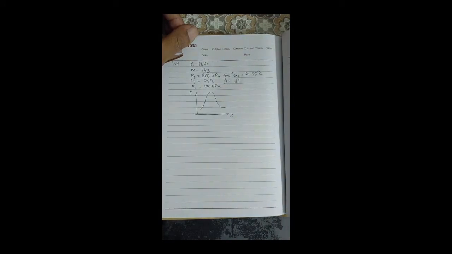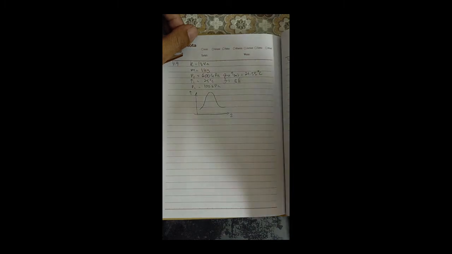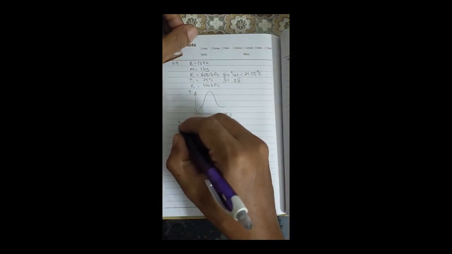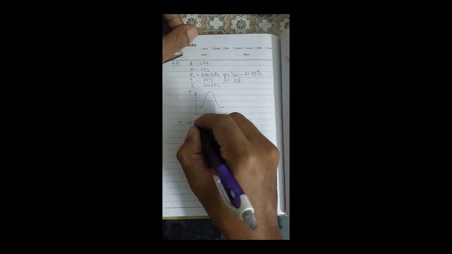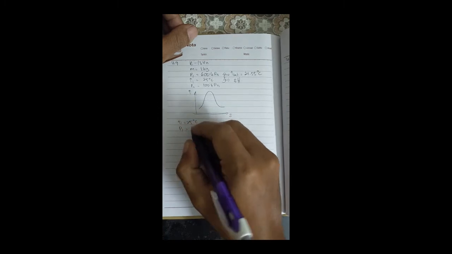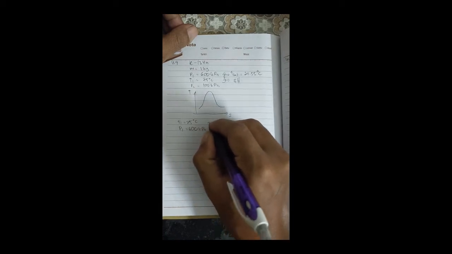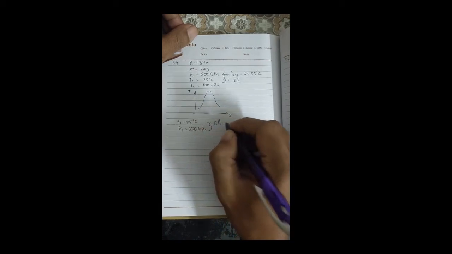So you need to refer to the superheated tables, with T1 of 25 degrees C and P1 of 600 kPa.